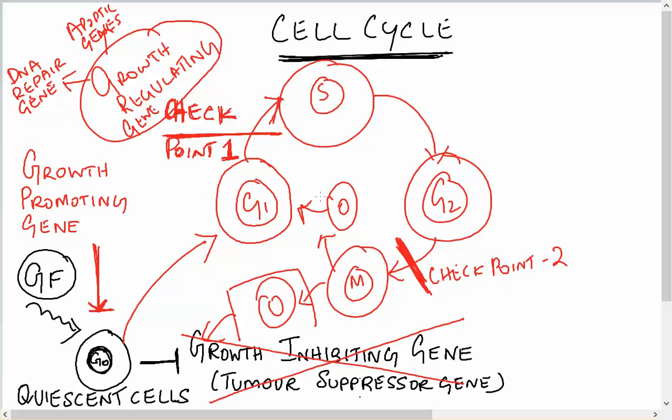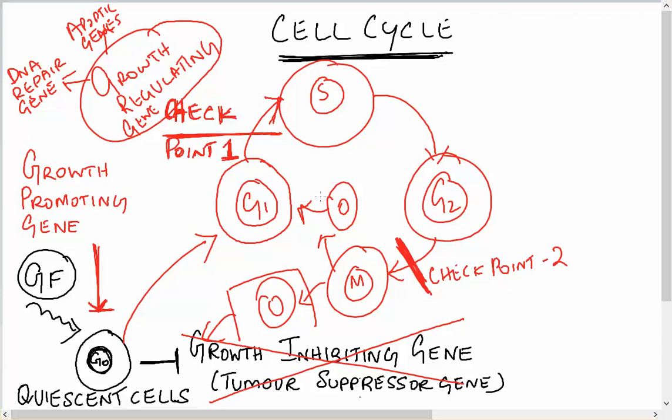If there is a problem in the growth promoting gene, that is, the growth promoting gene is always active without stimulus, what will happen? Again there is no G0 stage, which means the cell is always pushed into the cell cycle.